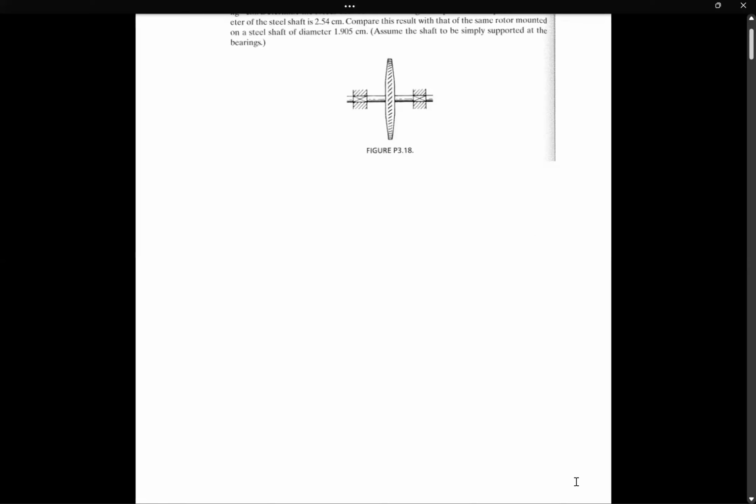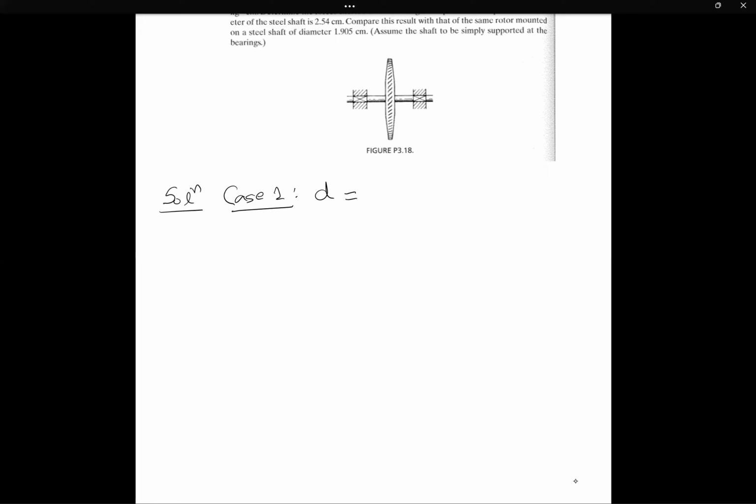So let's start. First, case 1, where the diameter of the shaft is 2.54 centimeter.